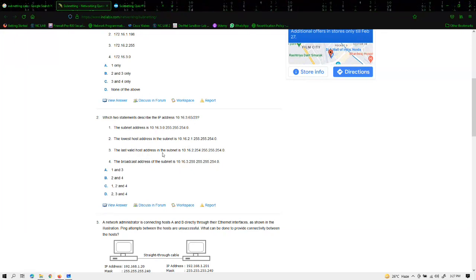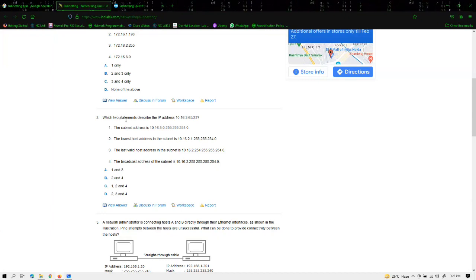The last valid host address in this subnet is 10.16.3.254. The broadcast address of the subnet is 10.16.3.255. Try to do this, which two will be correct. It is asking which two statements are correct. The first one is correct.